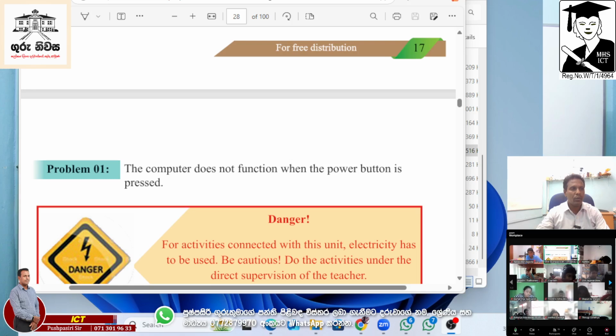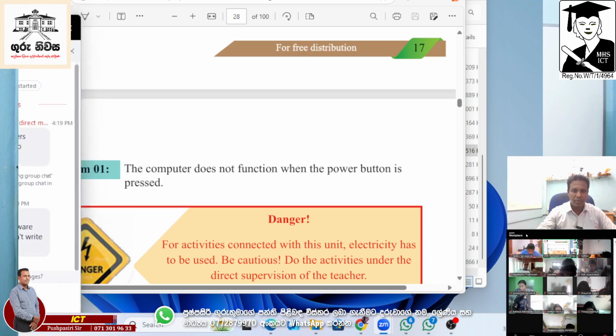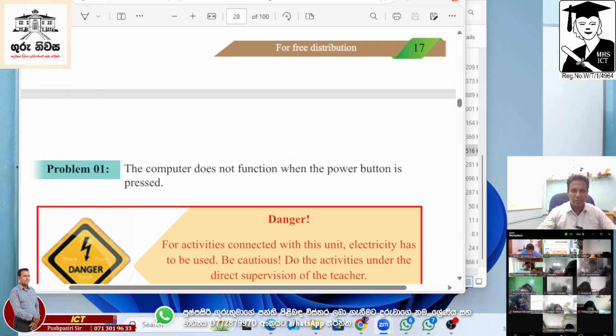What we can do when the power button is not working?